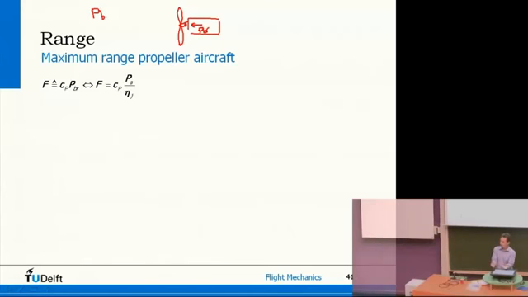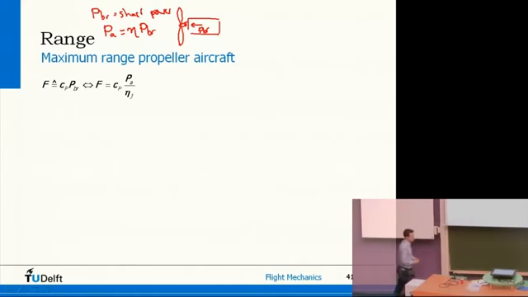It doesn't matter how it's delivered to the propeller, but it's delivered to the propeller. And the propeller actually accelerates air. So the power you have available is some kind of efficiency multiplied with the shaft power. Now the reason it's called P brake is because the term comes from brake power. In the old days they used to apply a brake to a shaft to measure how much power it delivers.